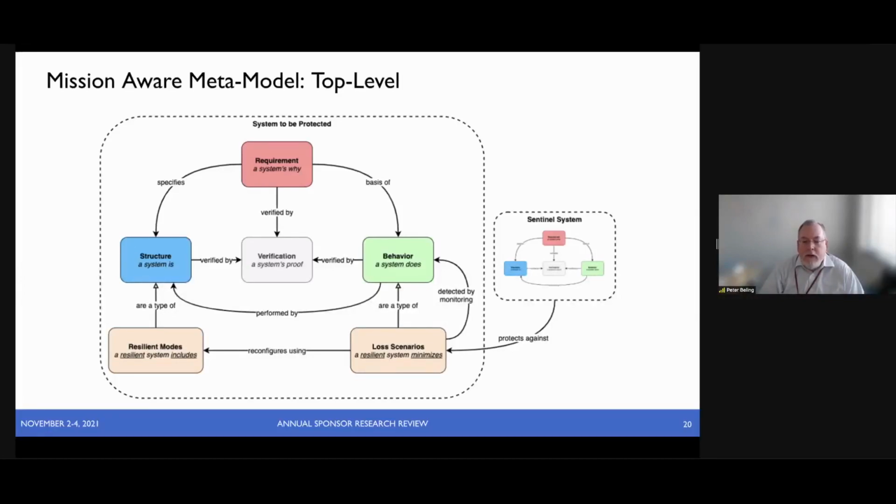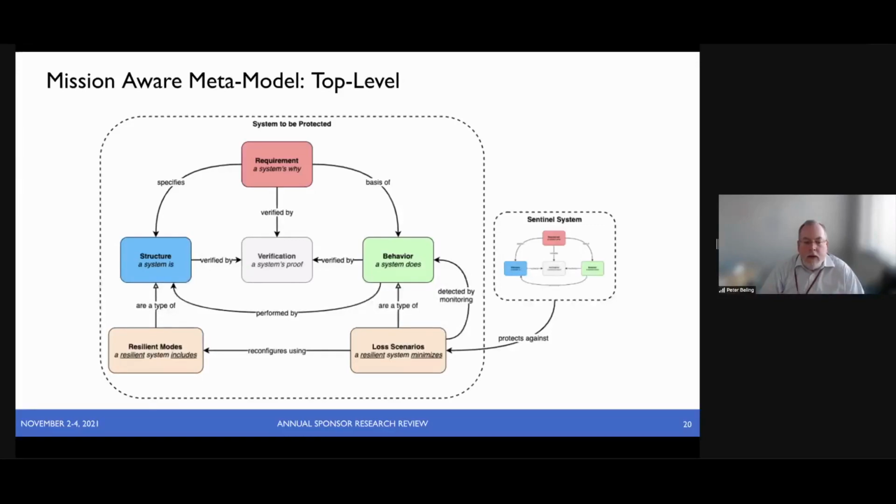We'll show detail in just a second, but you can see the elements that I just described: the loss scenarios, which we're attempting to protect against using a Sentinel system, which in this figure is shown as something external to the main system, but it can be integrated to any level. So this is just a conceptual view.